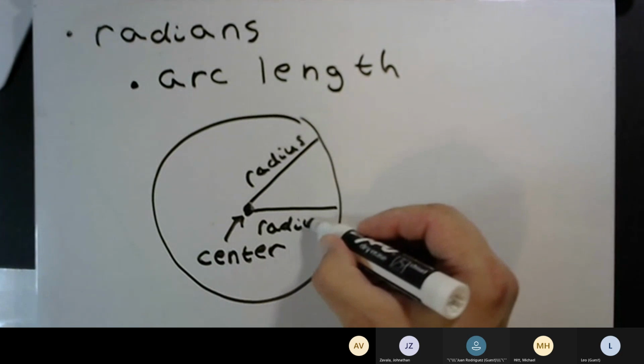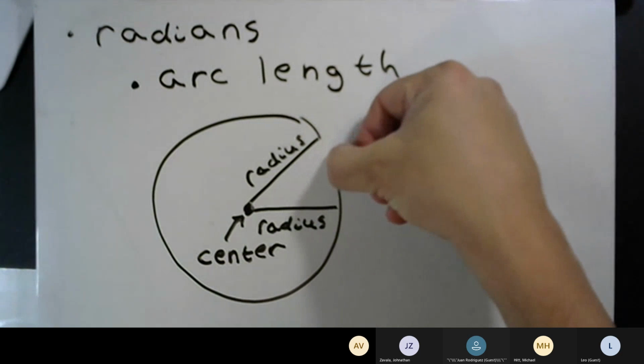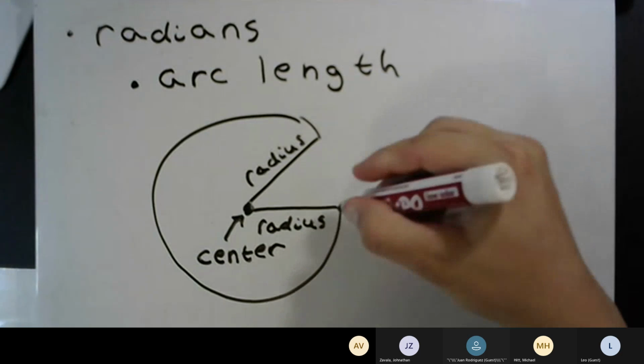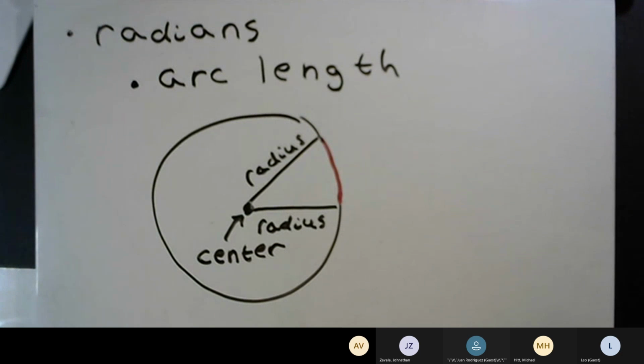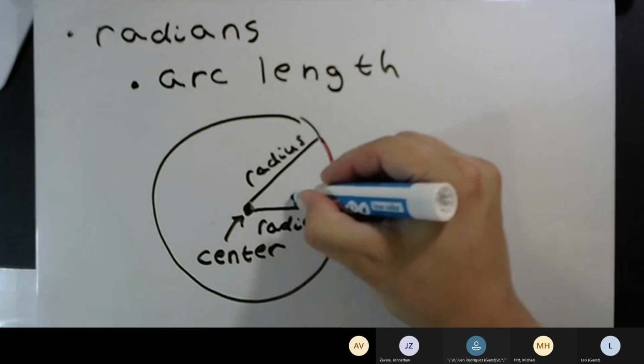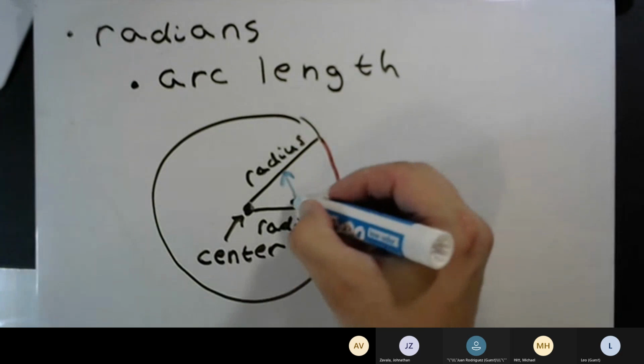This is called a radius. Now, the angle on the inside, we generally label angles.